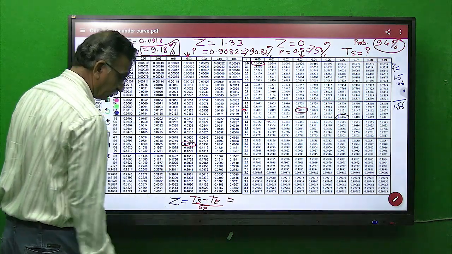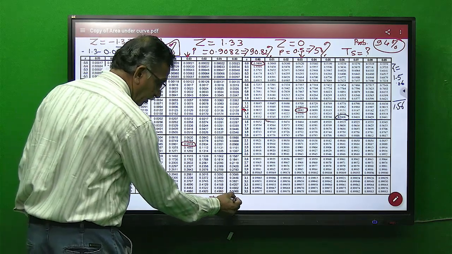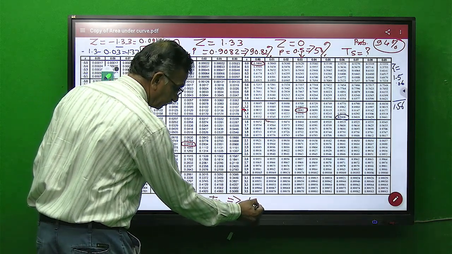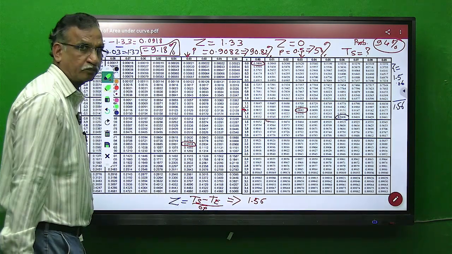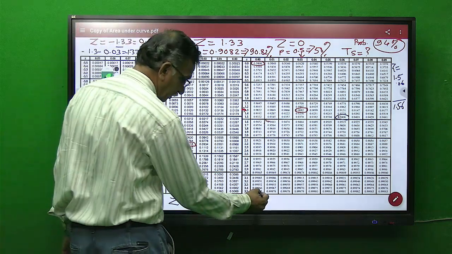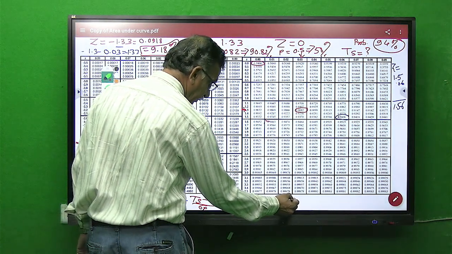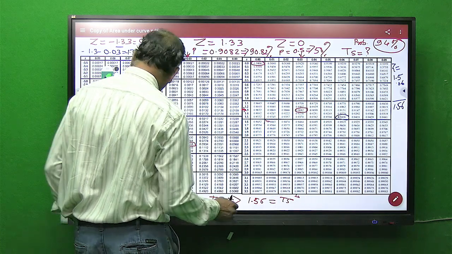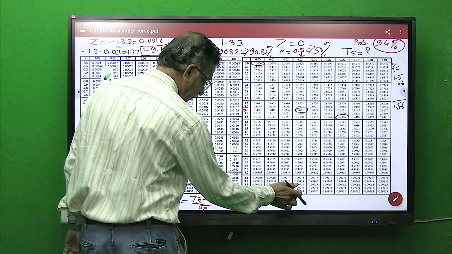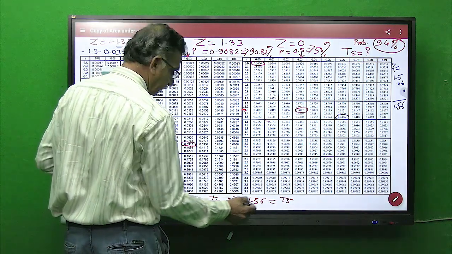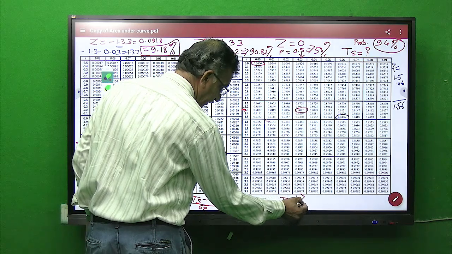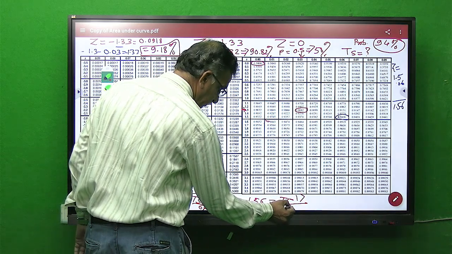So it will be equivalent to 1.56. So 1.56 is equal to TS minus TE, recall the value, TE is 17, so TS minus 17, upon 3.